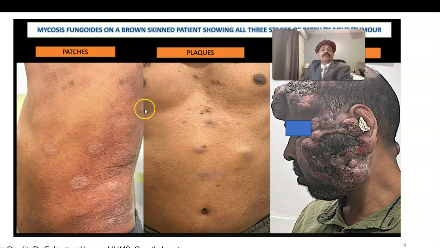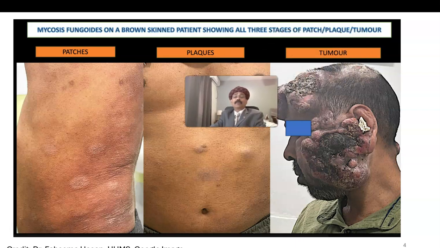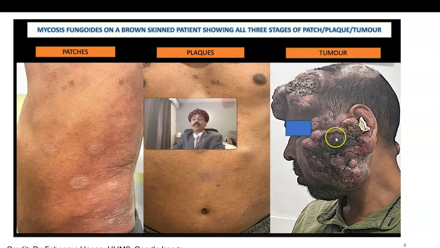This is the manifestation of the disease in a brown-skinned Indian man, from the Indian subcontinent. We are looking at the patches, then we'll get plaques, hard areas. Then here we'll get the tumor, almost like a mushroom-like tumor.